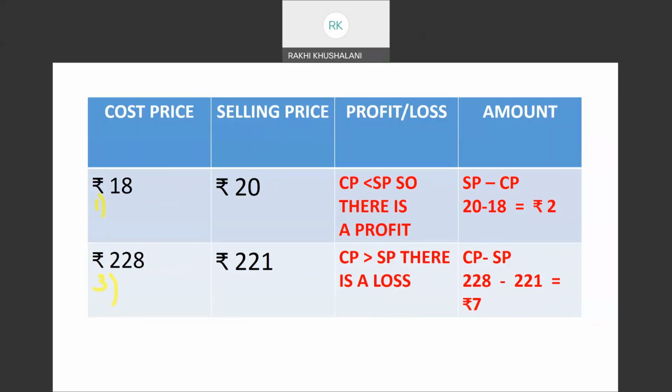That is 20 is greater than 18. So there is a profit. So 20 minus 18 is equal to rupees 2 as profit.